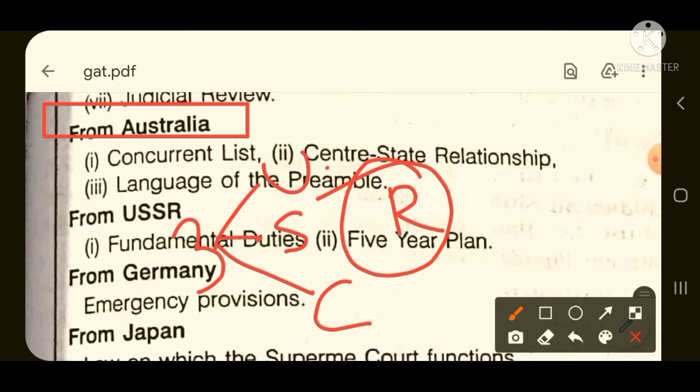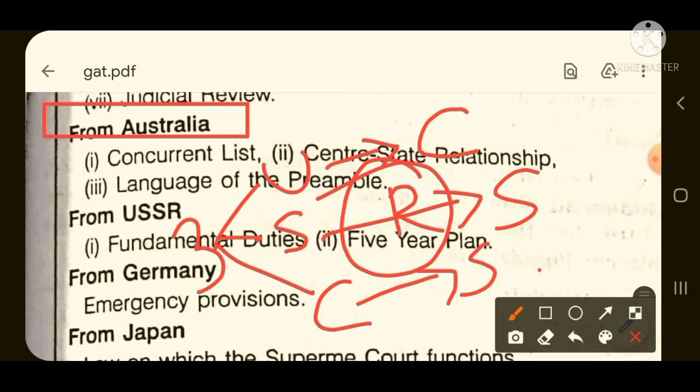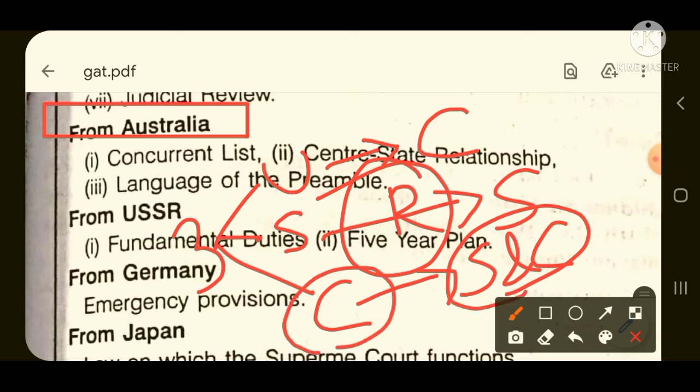Union list means it will have complete control under the central government. State list means it will be under the complete control of the state government, and concurrent list means both state and the central government can make and amend this list. So both state and central government have control over the concurrent list.